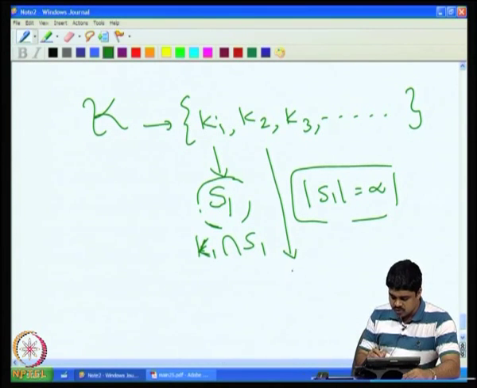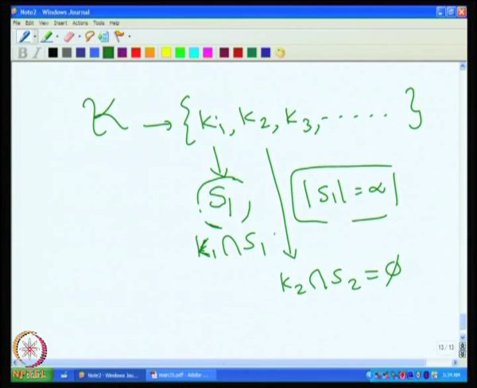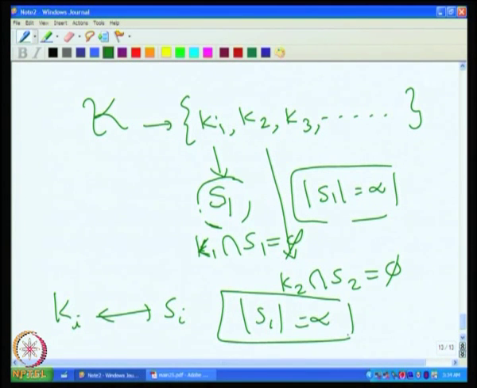Similarly, for K2 there should be one S2 that does not intersect with it. So, for each Ki you can associate an Si such that it is a maximum independent set, that means its cardinality is equal to alpha, and also Ki intersection Si is equal to phi, it does not intersect with it.